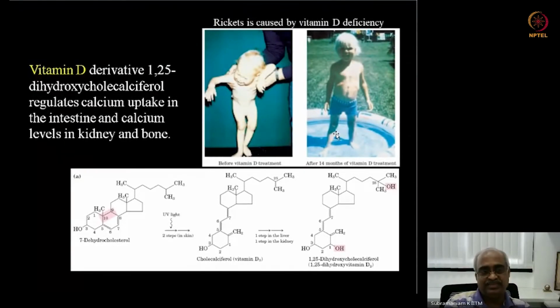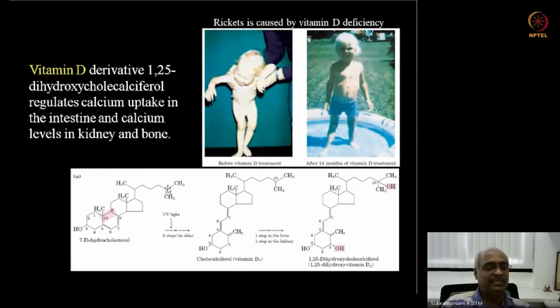Vitamin D is essential for calcium uptake, calcium homeostasis, and calcium is an important component of the bone. So for uptake of calcium in the intestine and maintaining calcium levels, vitamin D is essential. And this is the isoprene thing.